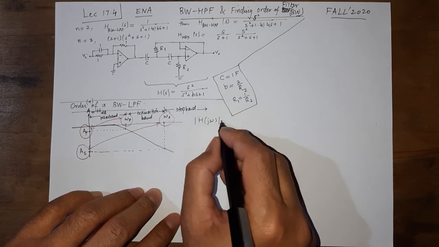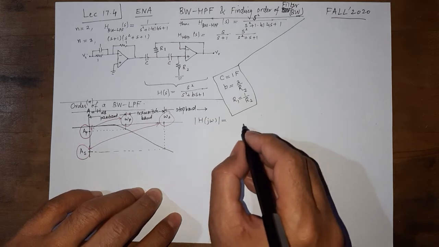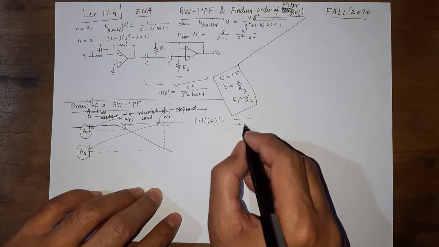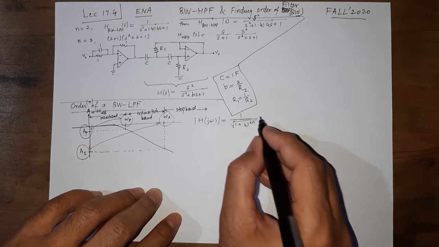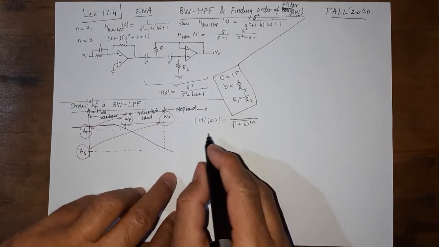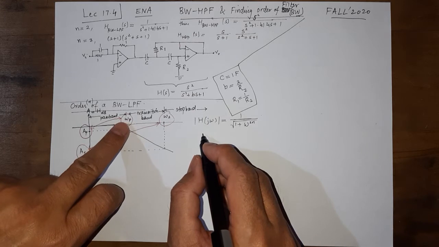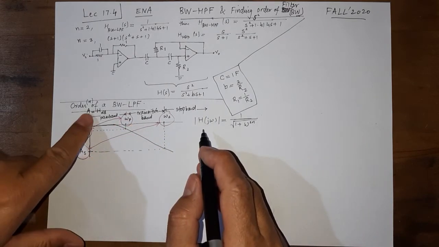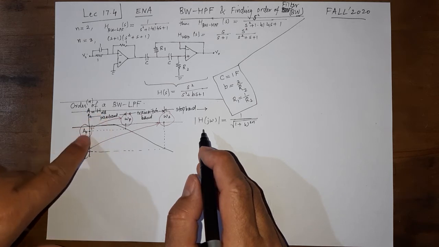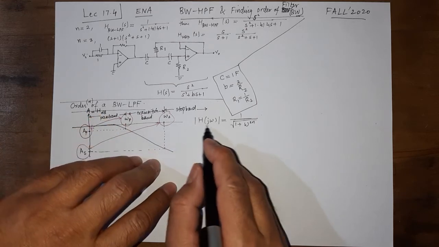And remember that we began with the magnitude of H of j omega equal to 1 over the square root of 1 plus omega power 2n. If we start from here, then what does omega p mean? And remember, this A is in dBs, so it is H in dB, not the magnitude of H of j omega.